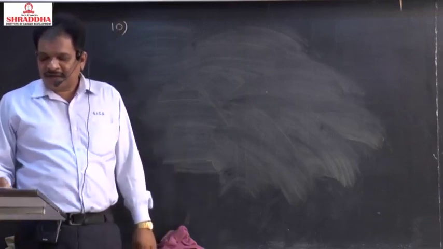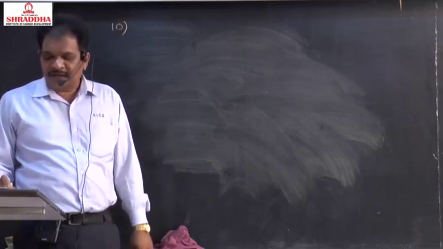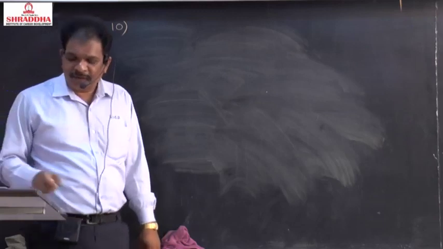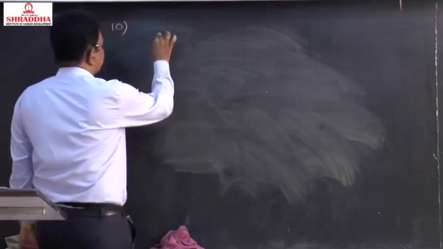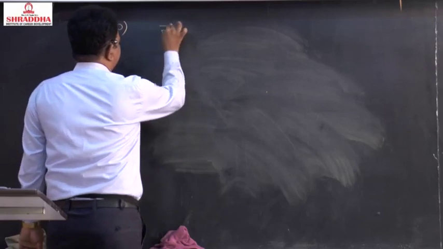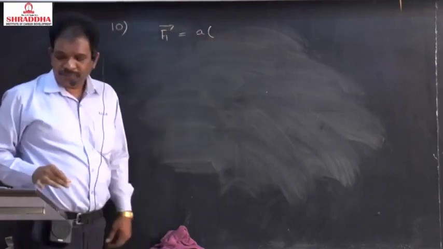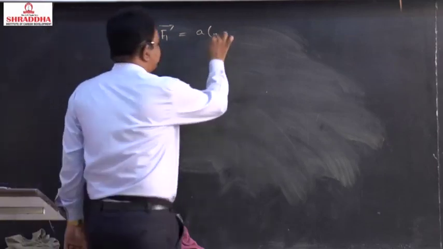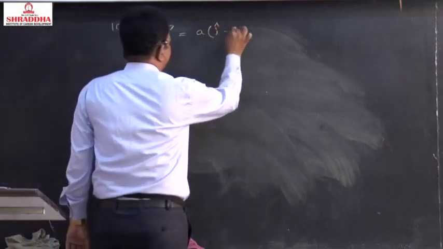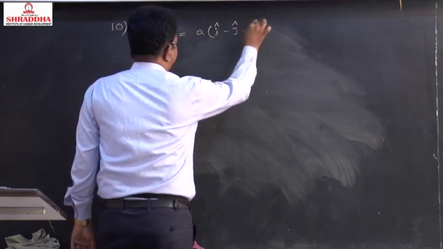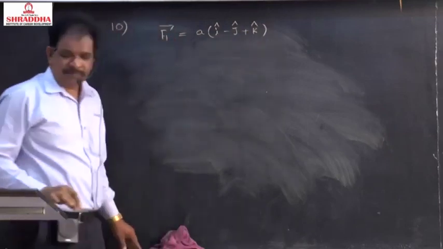Three forces are acting on a particle. F1 bar is equal to A into I cap minus J cap plus K cap.